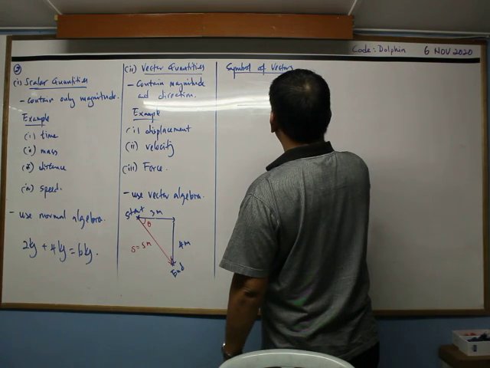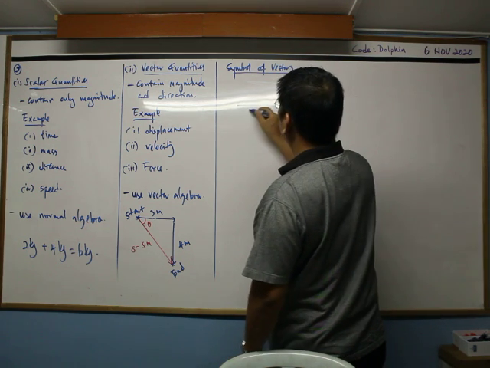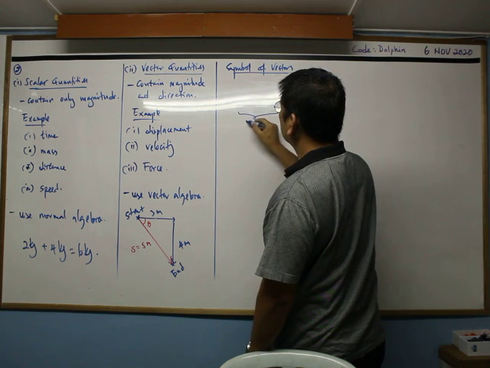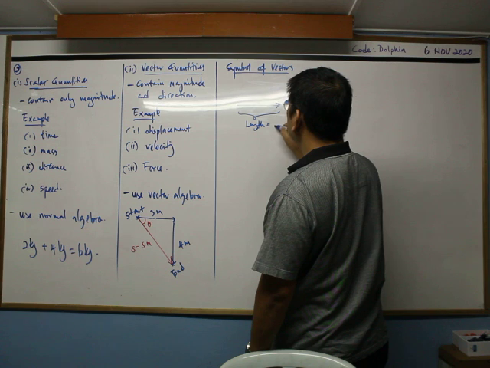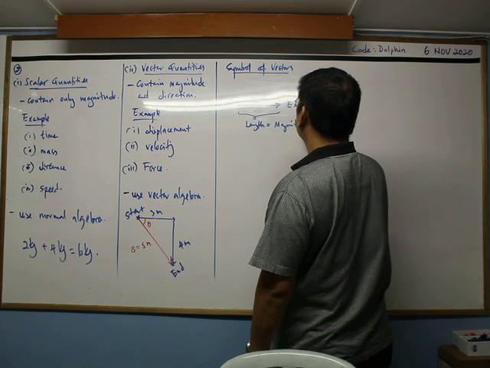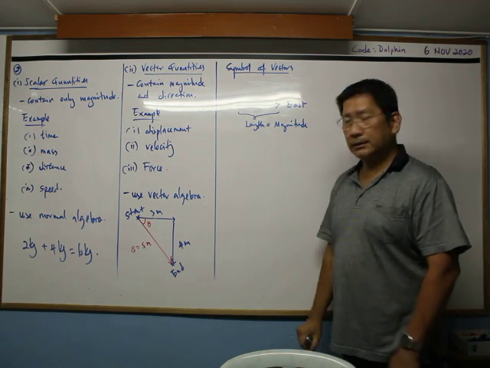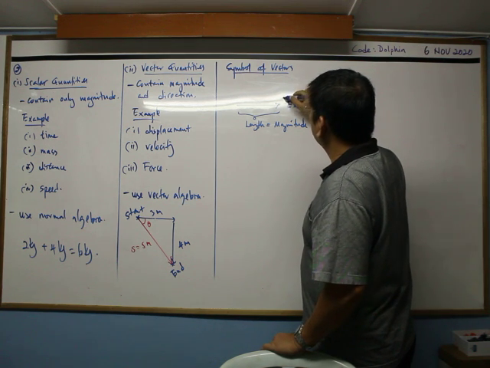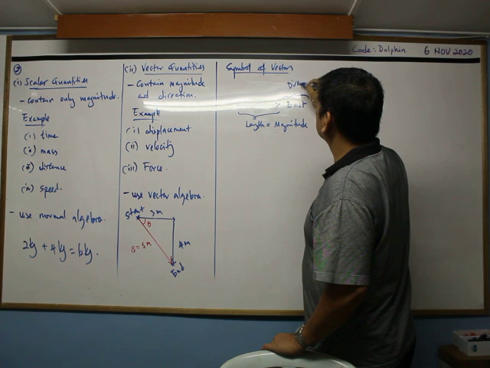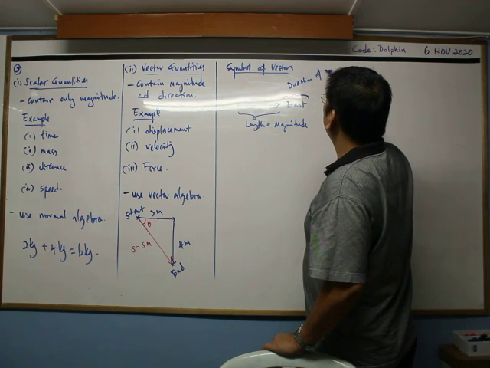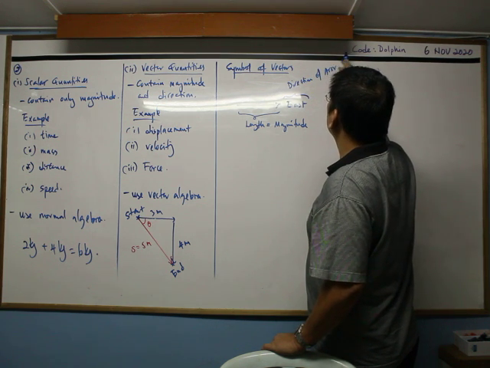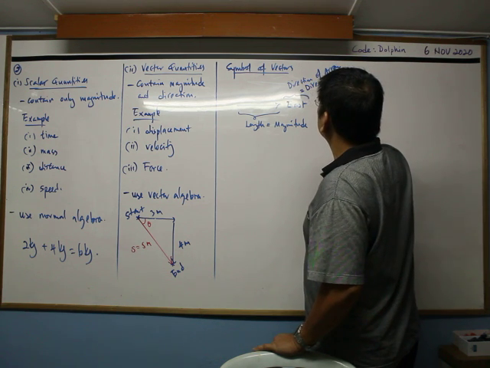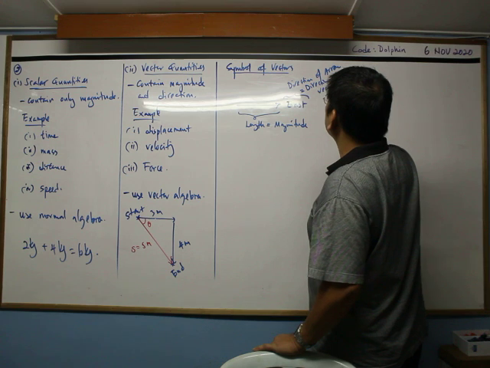The length of the vector is the magnitude of the vector, and the direction of the arrow is the direction of the vector.